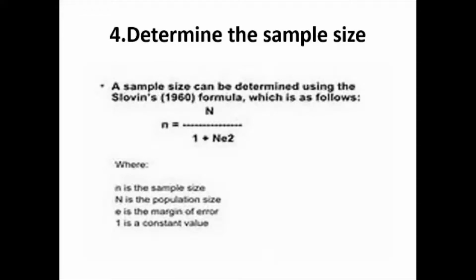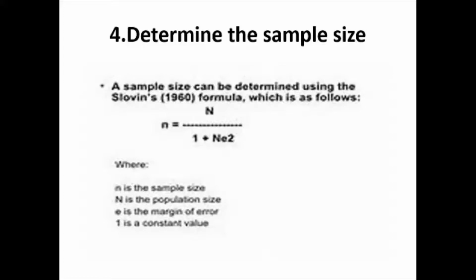Slovin's formula, given in 1960, says n is equal to N divided by 1 plus N e squared. Here small n means the sample size, capital N means the population size, and 1 is the constant number. e means the margin of error.